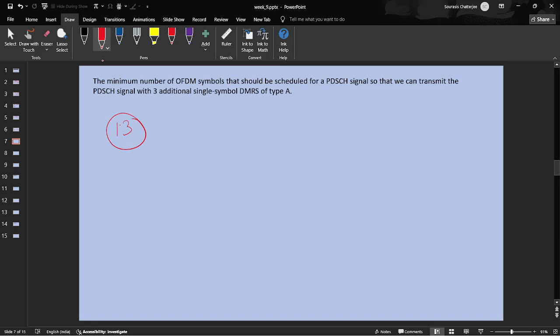Can you please verify once? So 12 is also allowed? The symbol locations will be L0, then 5, then 8, then 11 for mapping type A.